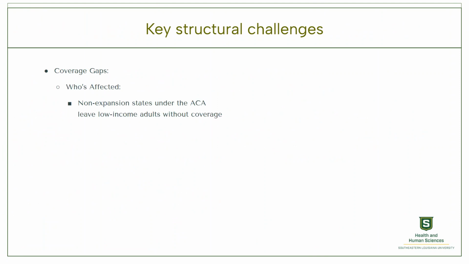A lot of people who are affected are in non-expansion states, who were not fully able to buy into some of the achievements of the ACA. So you have a lot of low income adults in non-expansion states that still do not have coverage, even with the ACA being around for a long time.